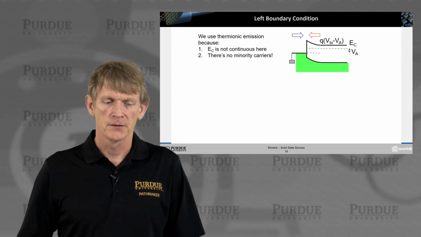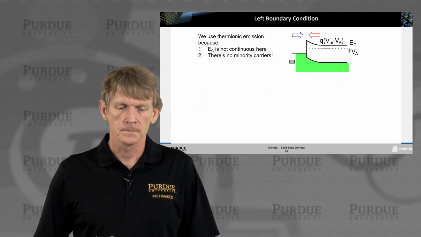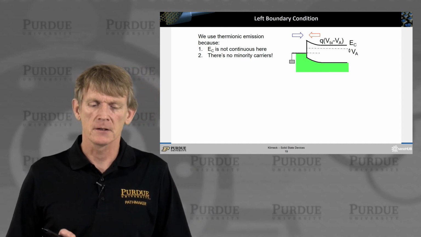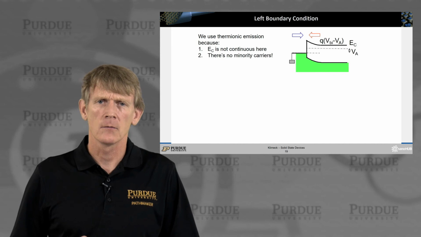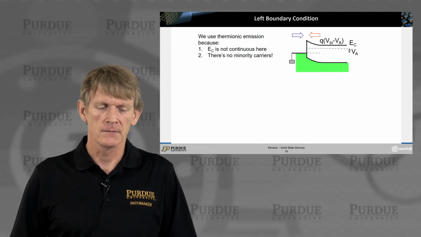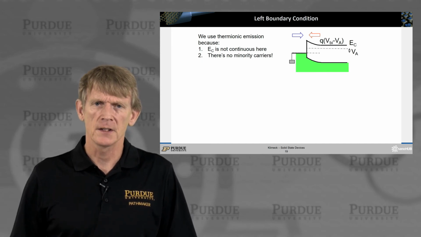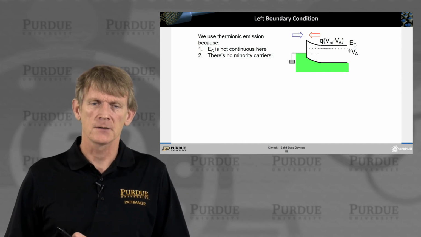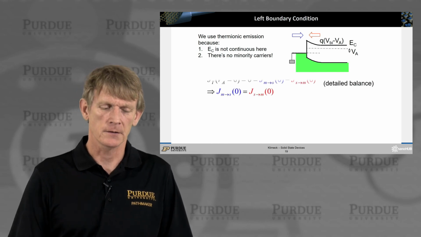All right, so now let's look at the left boundary condition on this device. And we'll just say again that EC is not continuous, and that there are no minority carriers. It's metal, and it's all majority carriers. And we're trying to inject those into the semiconductor.